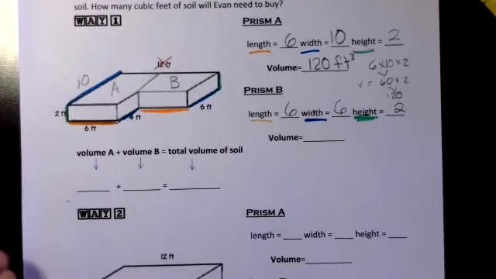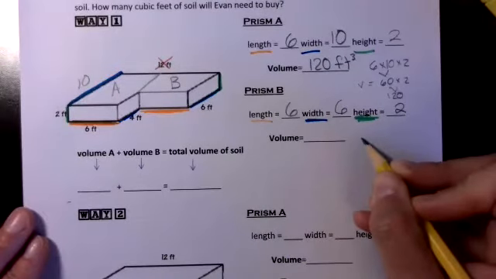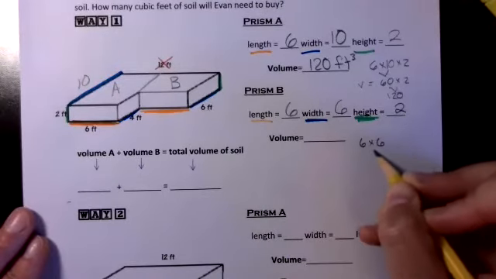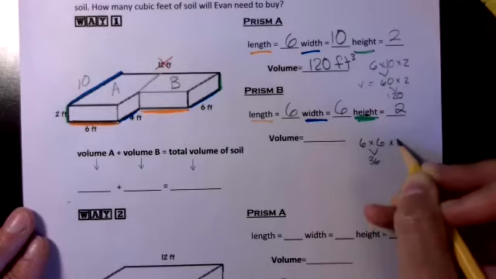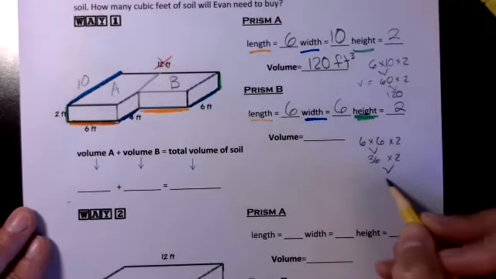What do you have for the total volume? Any ideas? Go ahead, student 2. I think it would be 72. How'd you get that? Because 6 times 6 is 36. Okay. And 36 times 2 is 72.